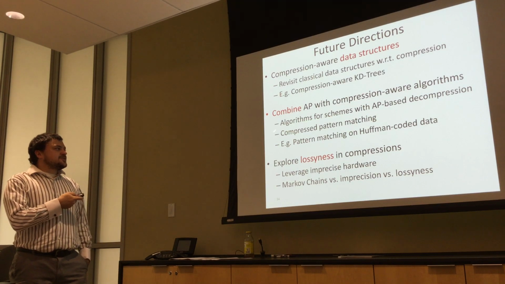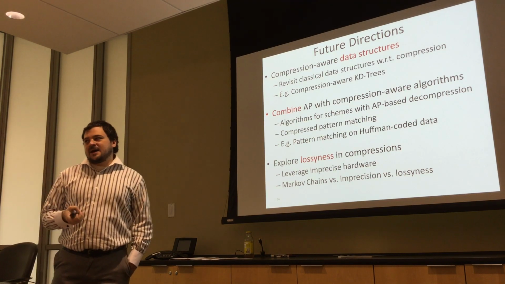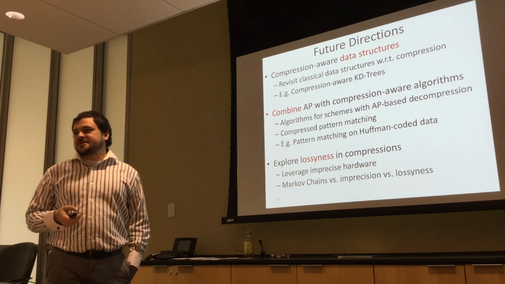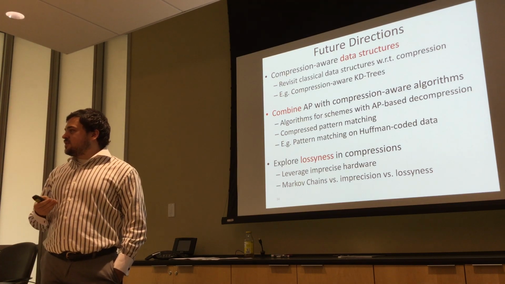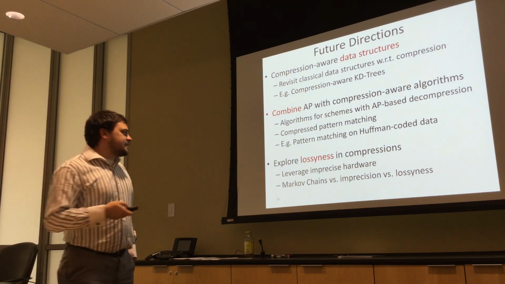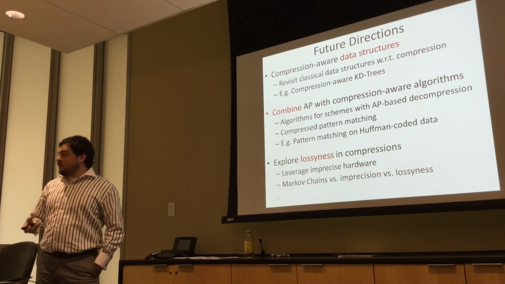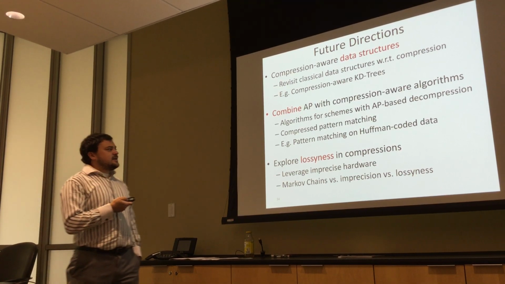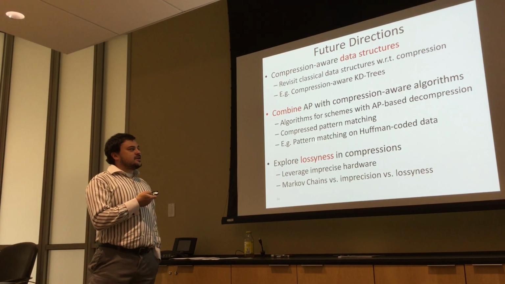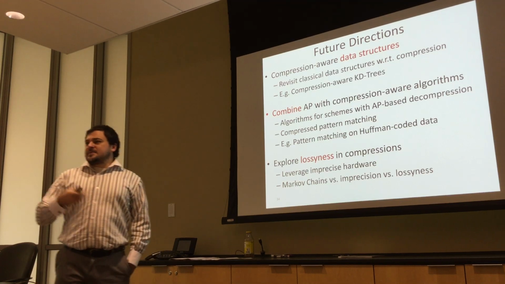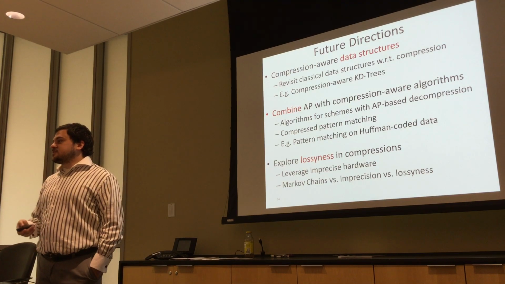Additionally, there's been a lot of research already on compressed pattern matching, so doing pattern matching on compressed data. Again, it seems like an intuitive fit for automata-based designs. As an example, the first application we could look at is doing compressed pattern matching on Huffman-coded data, because Huffman trees could actually be modeled as automata.